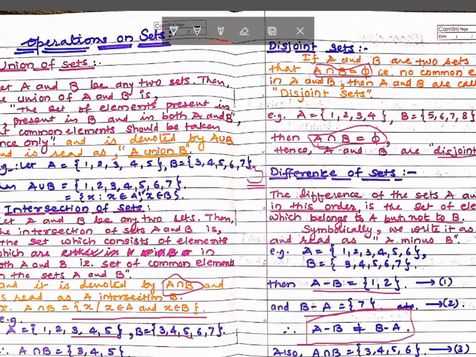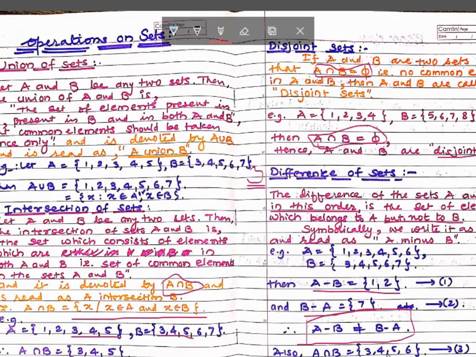Okay, so now we have the three sets with the operations difference and intersection. So A minus B is 1, 2, B minus A is 7, and A intersection B is 3, 4, 5, 6. If we observe, what can we conclude from it?